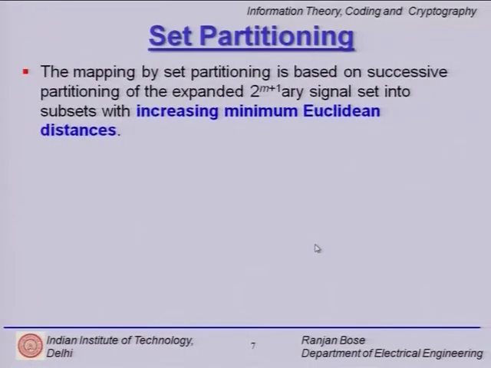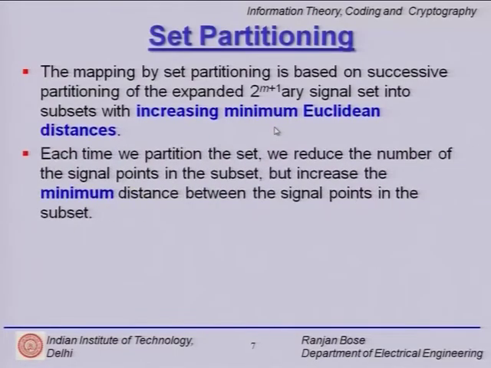So, we introduced the concept of set partitioning, where we consecutively partition a set of the constellation diagram into subsets with increasingly larger minimum Euclidean distances, and what we want to do is to associate the different symbols at different stages of the set partition tree with the branches and label the branches accordingly.